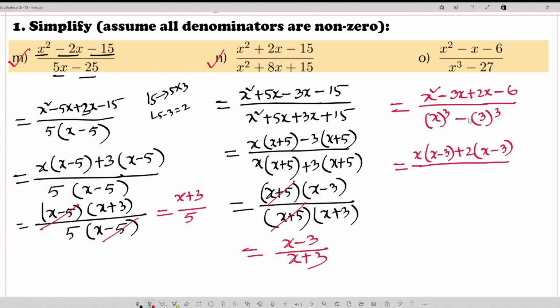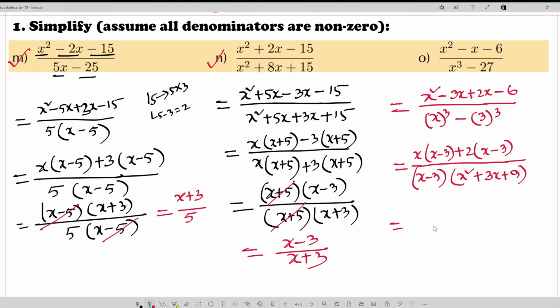And it's looking like a cube minus b cube. For factorization, we know a cube minus b cube means a minus b times a square plus ab plus b square. It means x minus 3 times x square plus 3x plus b square, 3 square means 9.